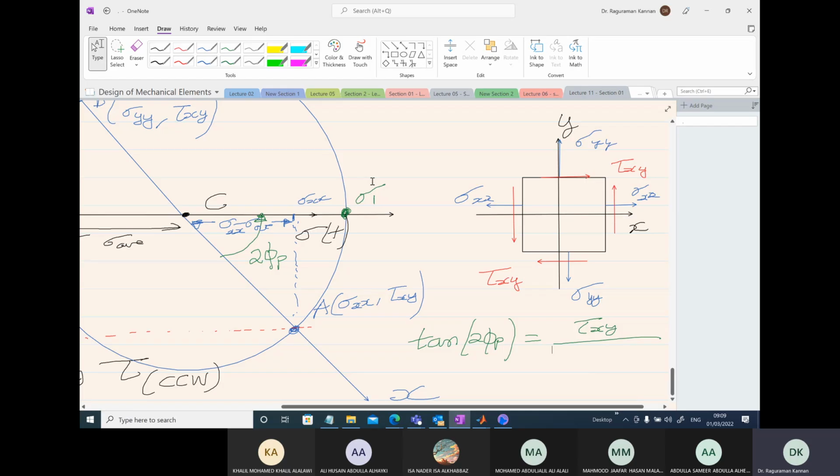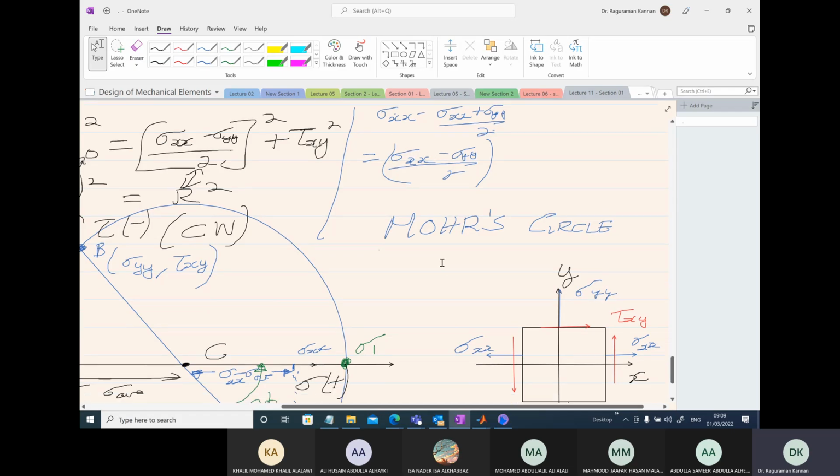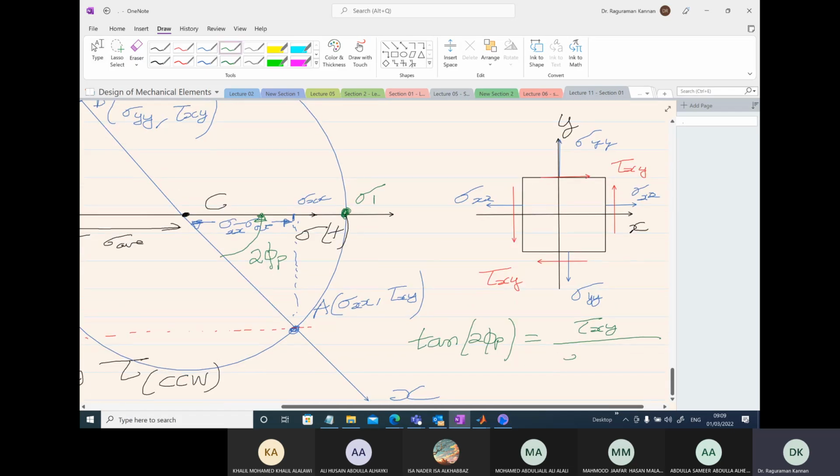We have derived above that sigma xx minus sigma average is nothing but sigma xx minus sigma yy over 2. So we have come up with the exact same formula as before for 2 phi p.